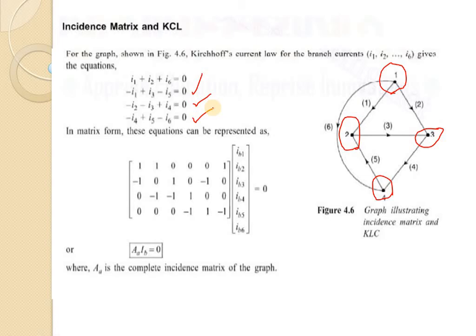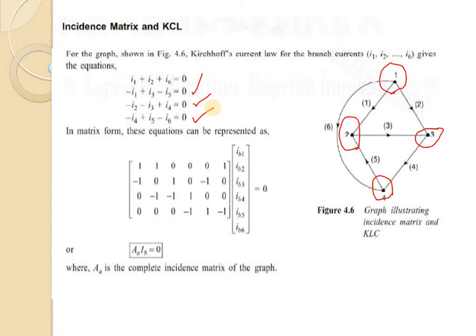Now, using those equations, we will form the incidence matrix. The incidence matrix will be a combination of 1 and 0 based on which branch is connected with the node and which one is not.